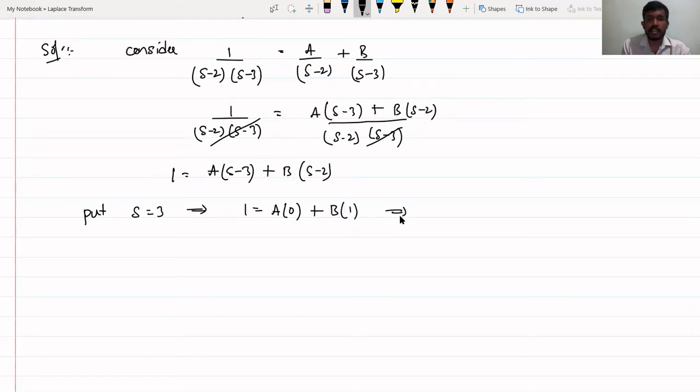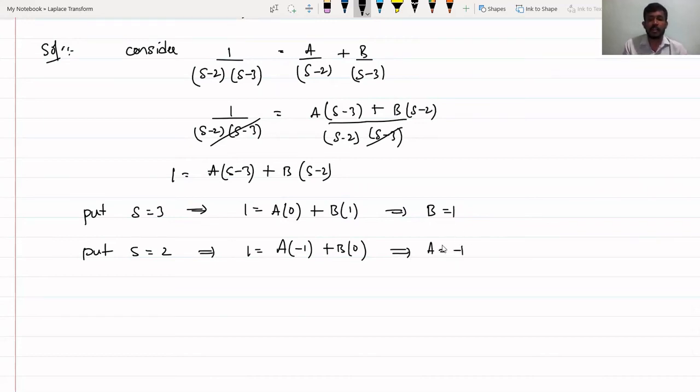So B equals 1. In the same way, if I substitute s equal to 2, then 1 equals A into 2 minus 3, which is minus 1, plus B into 2 minus 2, which is 0. So A equals minus 1.